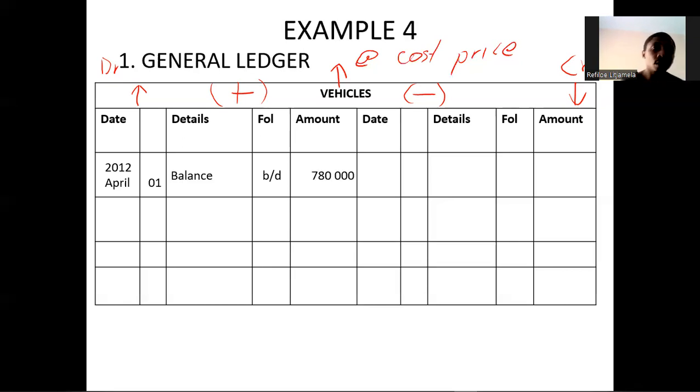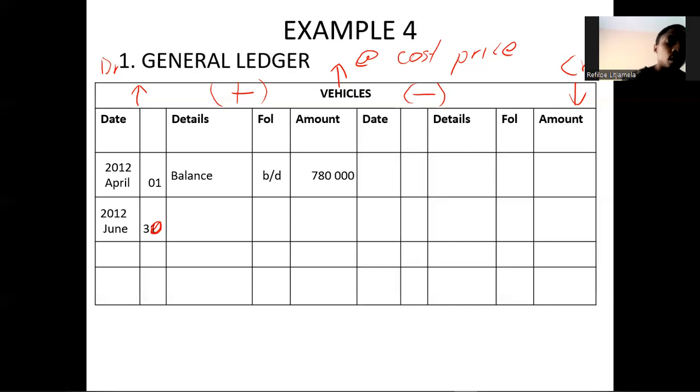Normally, remember your general ledger is prepared monthly, but for this topic, just to make sure that you understand the concepts, I will prepare the general ledger on a yearly basis. Now, please note that on the 30th, I don't know why I wrote the 31st there, on the 30th of June 2012, we actually purchased a vehicle.